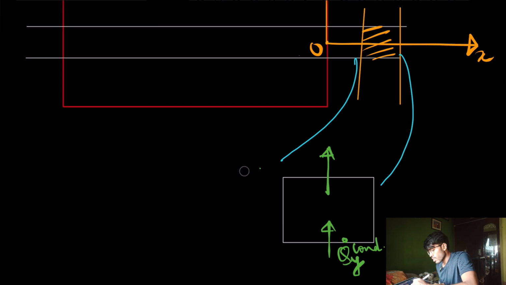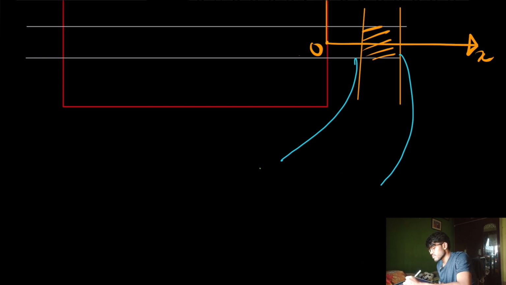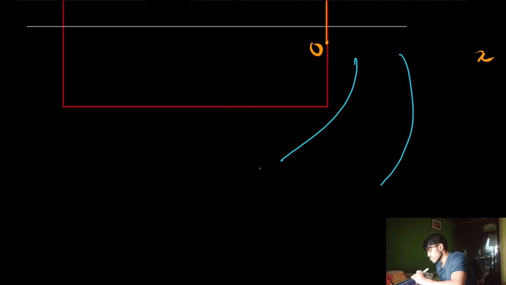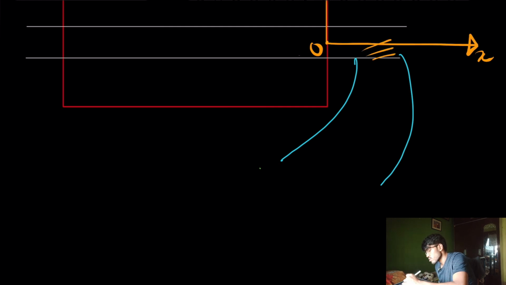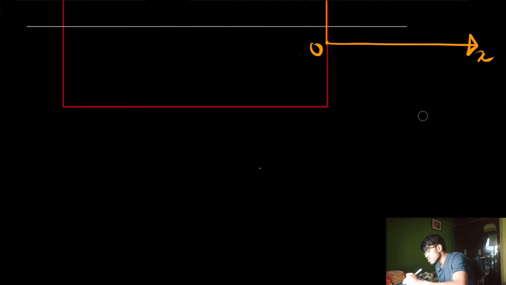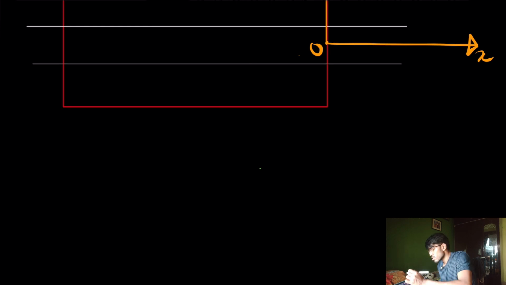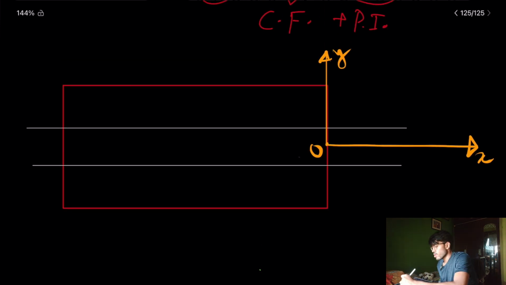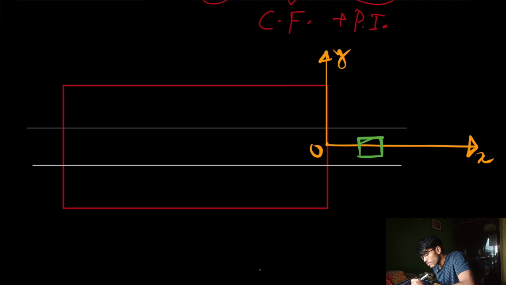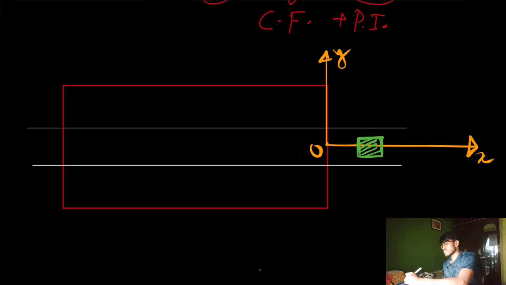Okay, now one more thing, I will change my control volume a bit. Now this is not my control volume. So I will take the control volume like this. Previously the control volume had the same thickness as the plate thickness.